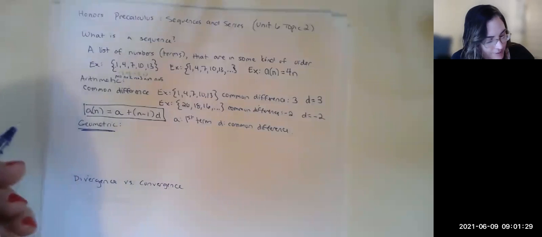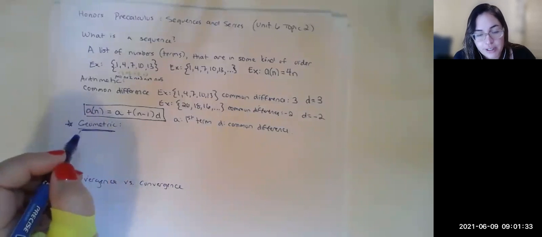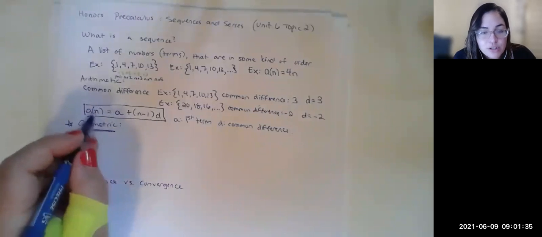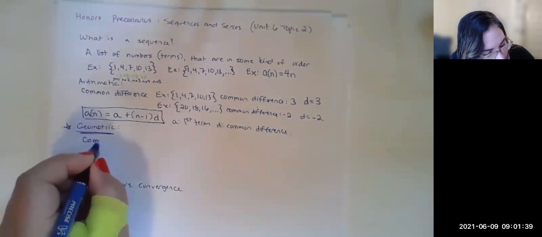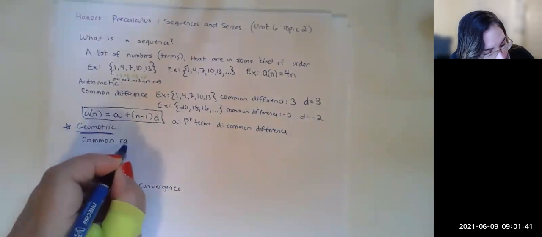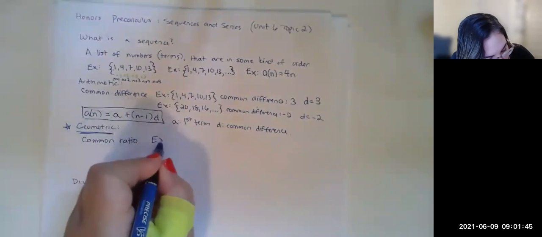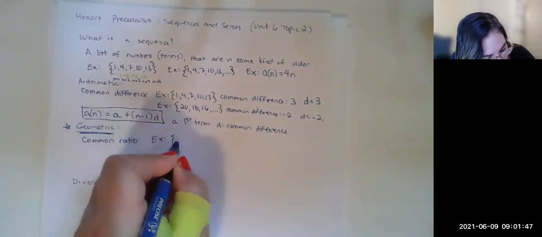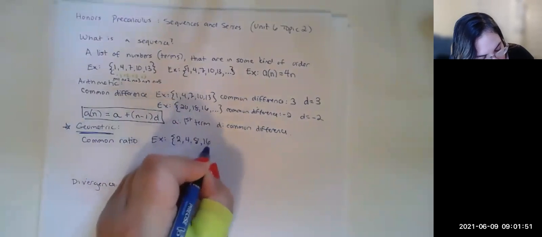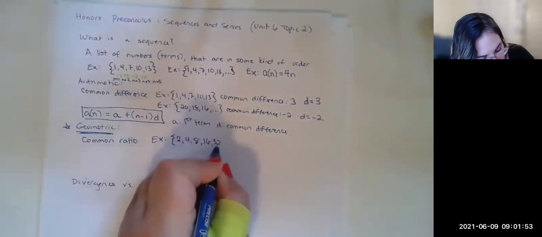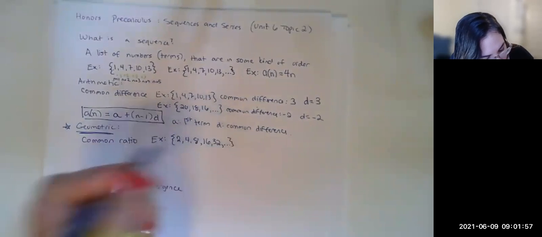The other type, and the type we're going to spend the most time on, is a geometric sequence. Instead of having a common difference, it has a common ratio. An example a lot of people like to start with is 2, 4, 8, 16, 32, and let's make that infinite just for fun.